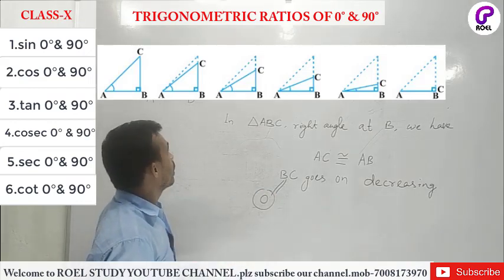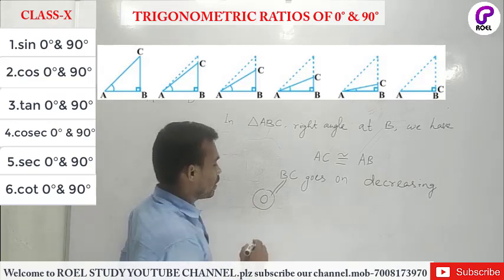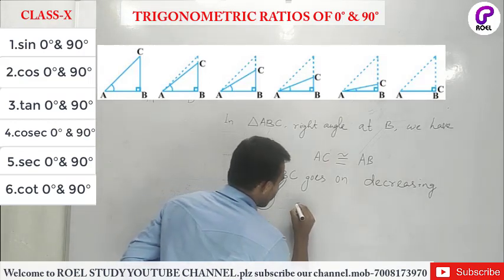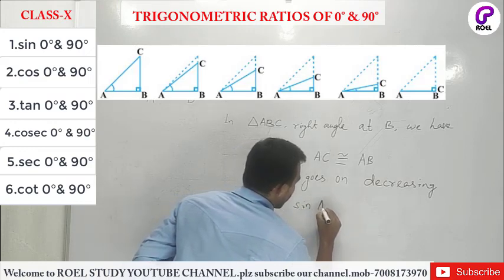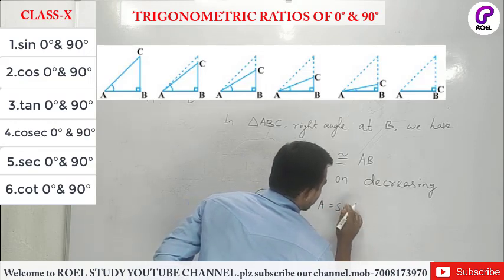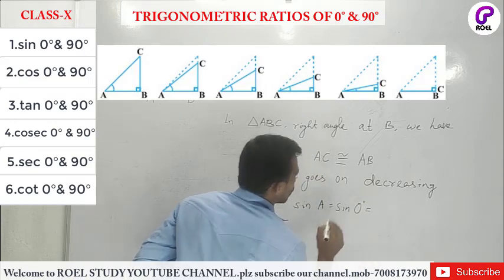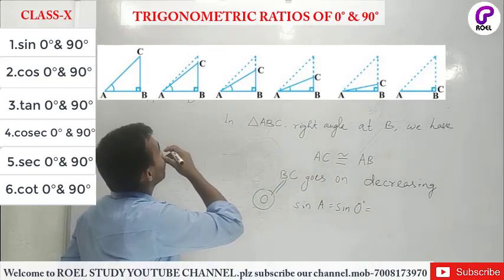Here we will take acute angle A. That's why sin A, that is sin 0 degree. Sin 0 degree will be what?